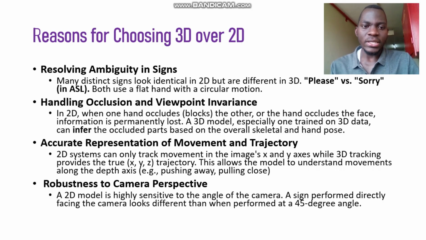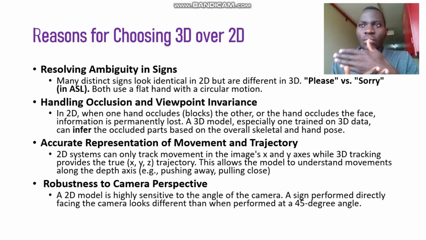In 2D, one hand blocks the other, or the hands block the face, so it cannot interpret well. But a 3D model, especially when it's trained well on 3D data, can differentiate depending on the depth between the hand and the face, interpreting the sign language properly.